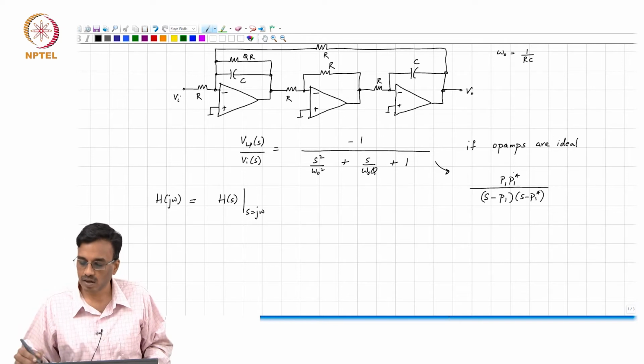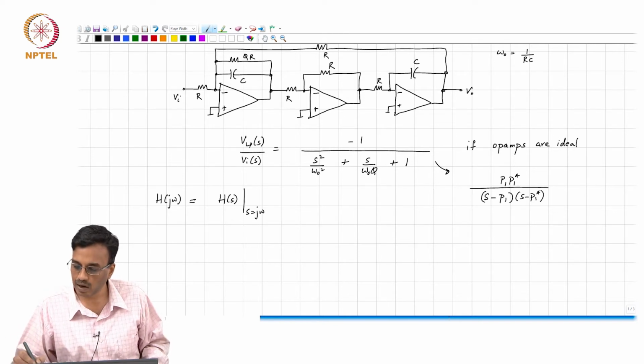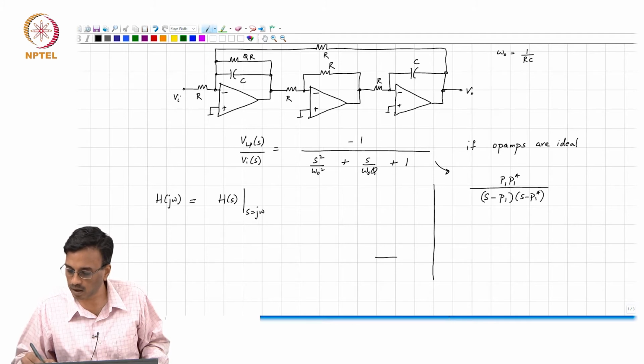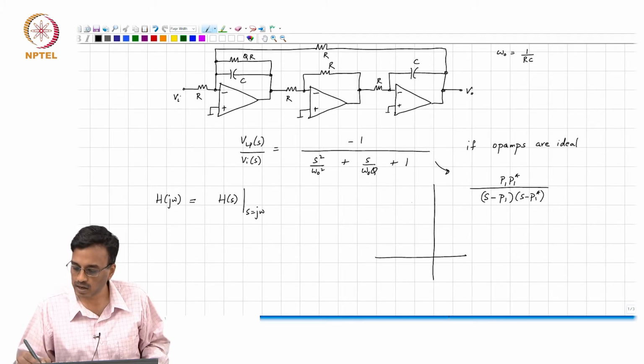So, why do we do this? Well, this gives us a nice way to interpret H of j omega.